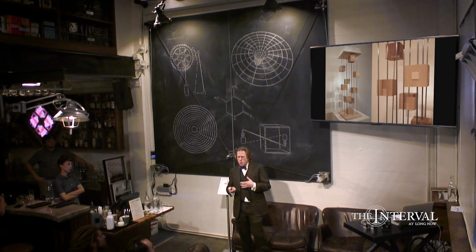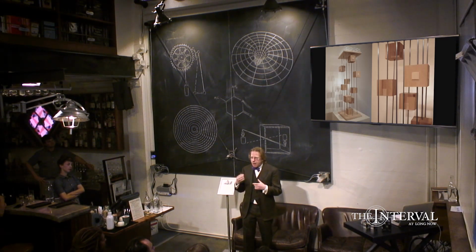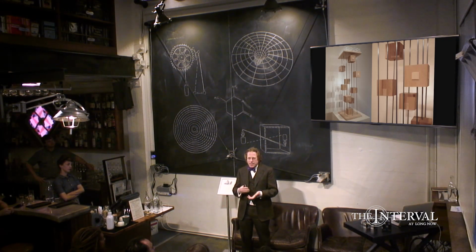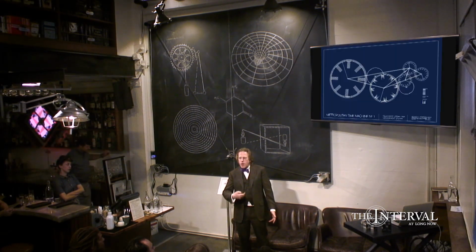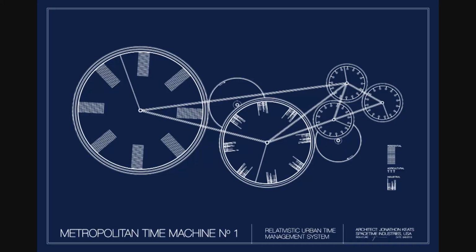Now, for my cities, what I did was I used the equivalence of velocity to mass because it was easier. At least it was easier to make some blueprints. And so I ended up with cities like this. The cities have different districts that are spinning very, very fast, but at different rates relative to each other.